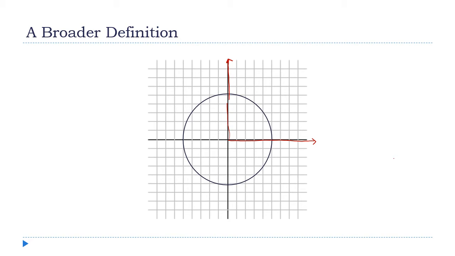All right, now the terminal side here crosses the circle at the point 0, 1. And that answers my question. That means that the cosine of 90 degrees must be the x-coordinate of that point, that's 0, and the sine of 90 degrees must be the y-coordinate, which is 1.